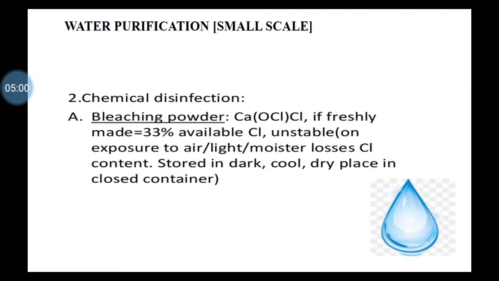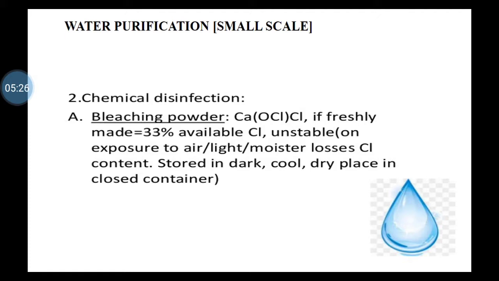So one is bleaching powder, isn't it? The other name for bleaching powder is chlorinated lime. Formula is CaOCl2, isn't it? So if freshly made bleaching powder is there, there is 33% of available chlorine.